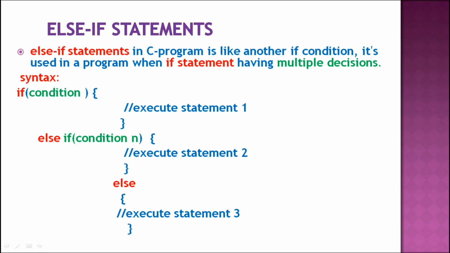If the condition is true, it will execute statement 1. Else, if the condition is not true, it looks into the else-if condition and executes that block if the condition is satisfied. Otherwise, if else-if is also not satisfied, it looks into the else statement.